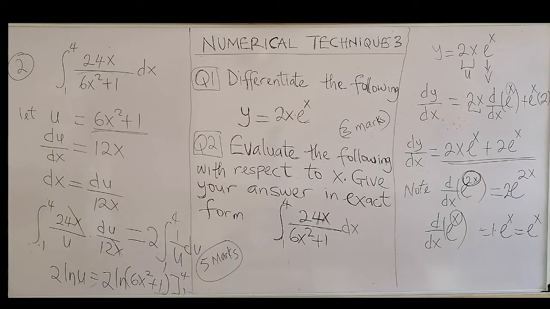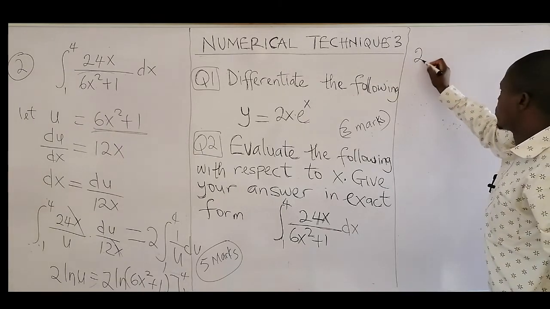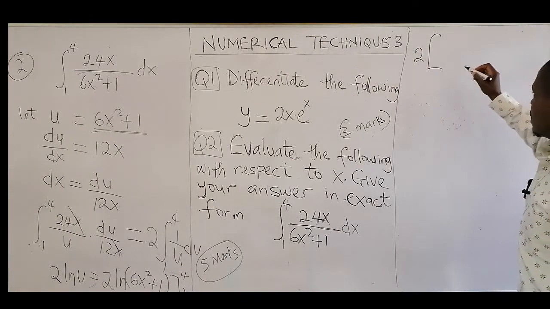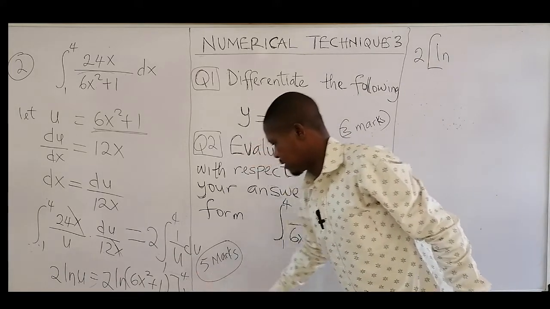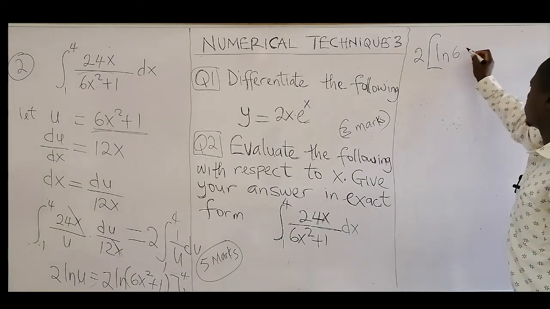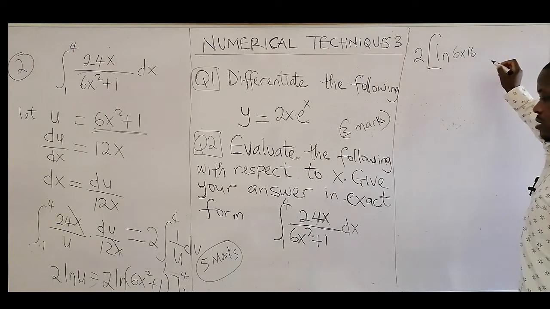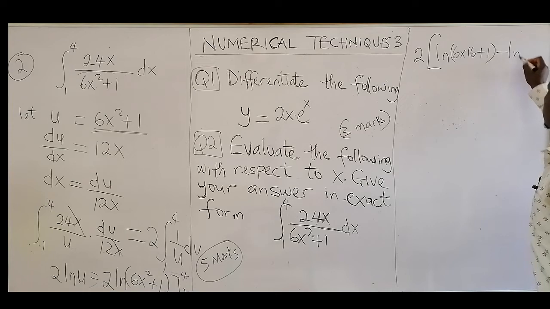So let's substitute and get the answer. For 4, that will be 2 outside, open your brackets, ln for the upper boundary, 4 squared, that's 6 times 4 squared, that's 6 times 16 plus 1, that's the upper boundary, then minus ln for 1, substitute that also, that will be 1 squared, 6 times 1 plus 1, that's ln 7.